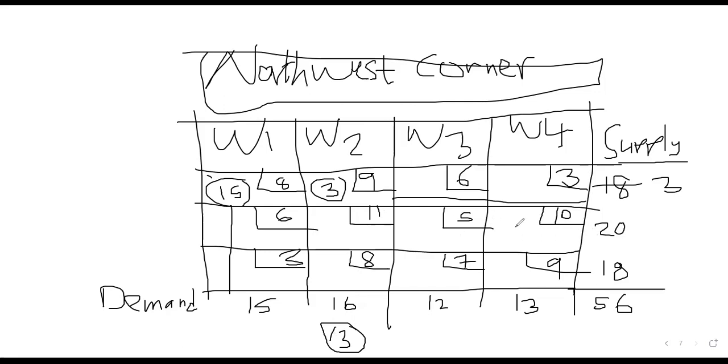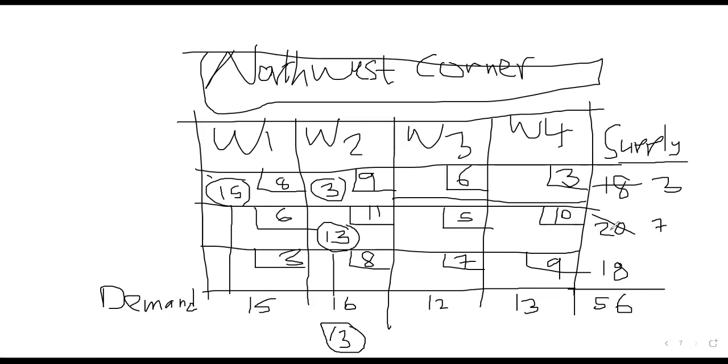Our supply of 20 and the demand we're supposed to meet of 13. So we are looking at this row and this point. So meaning we need to meet the demand of 13. So here we're going to have the 7 that will remain. This is fully satisfied.